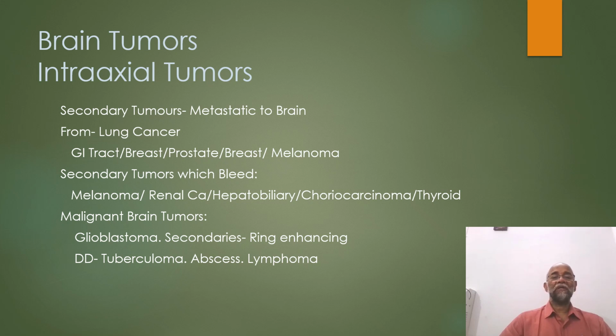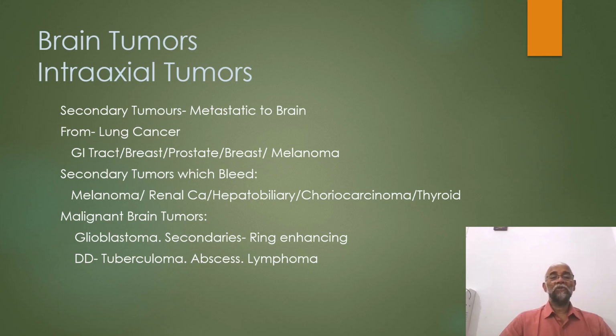There are some secondary tumors which might bleed spontaneously. These include melanomas, renal cell carcinomas, the hypernephroma, hepatobiliary tumors, choriocarcinomas, and follicular cancer of the thyroid.